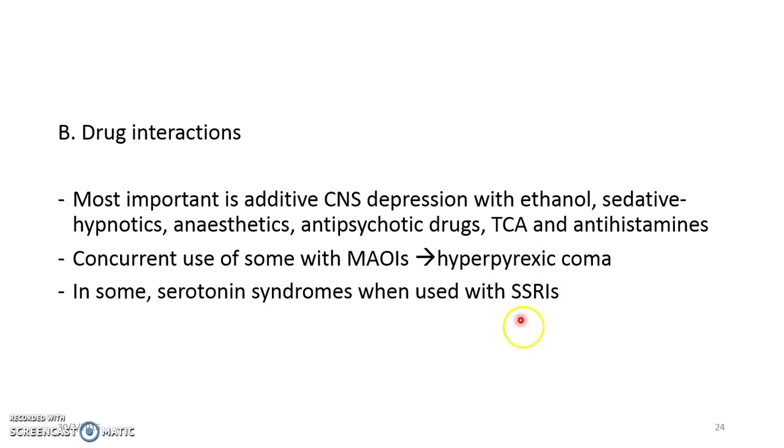The SSRIs, mainly used for depression, are like fluoxetine, fluvoxamine, sertraline. When patients are on these drugs, you might want to be a bit cautious when you start them on opioid analgesics.